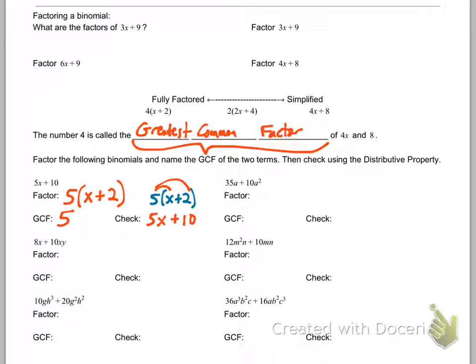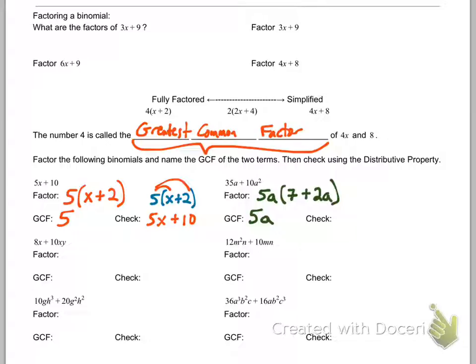Let's try a little bit harder problem. So you see there's another variable in here. So I'm thinking, and I'm looking, and I know that the greatest common factor would include 5, but also includes the variable a. Because when you multiply that out, you can divide both the first and the second term by a and have a whole number left over.